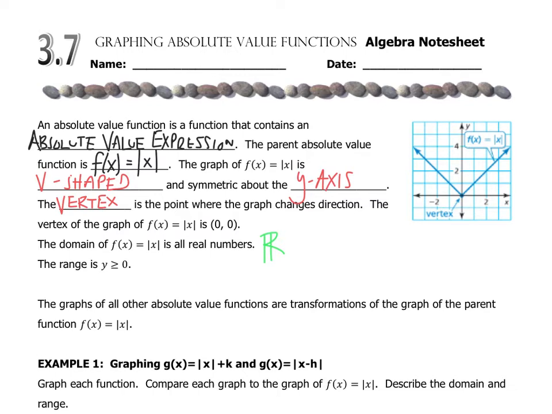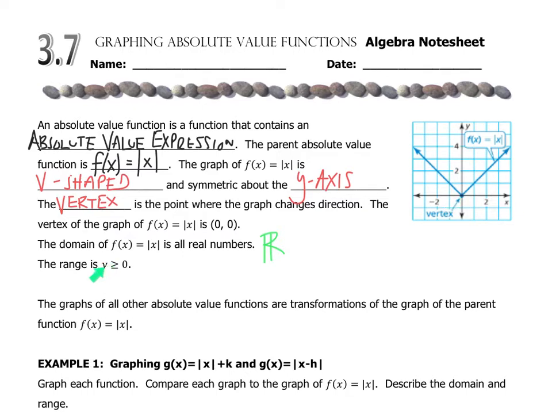The range, though, when you look at this graph, it's not like it has arrows pointing up and down. When we talk about our range, we're talking about the y values. Notice that I'm never going to have y values that are down here, because this V goes on forever this way, and it goes on forever this way, but the lowest y value I'm ever going to have is 0.